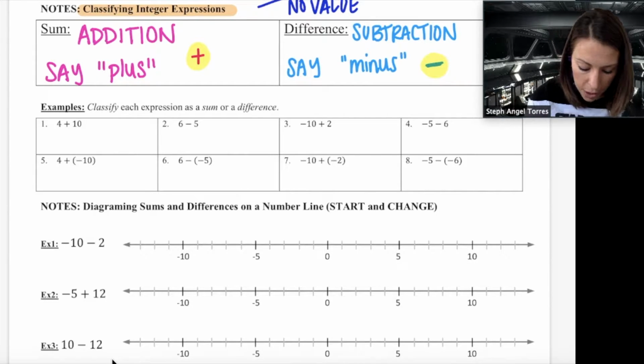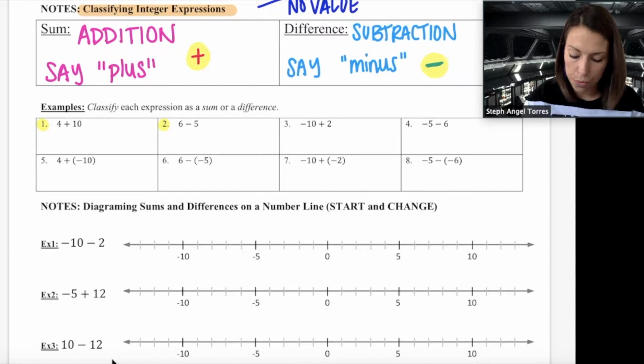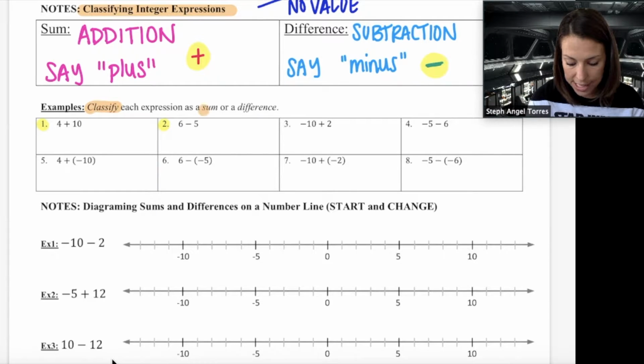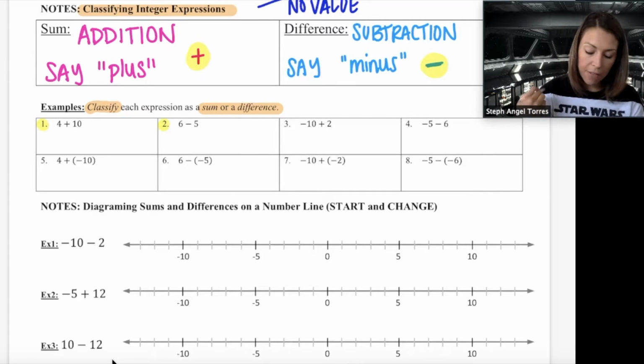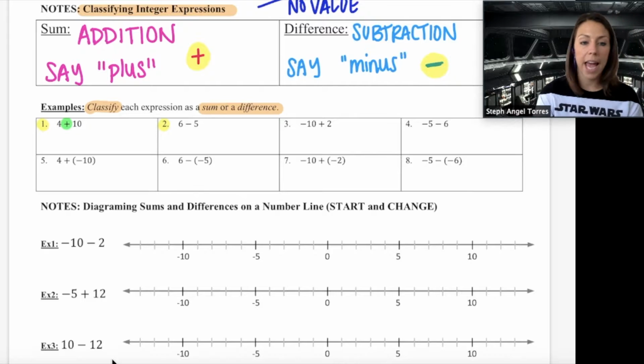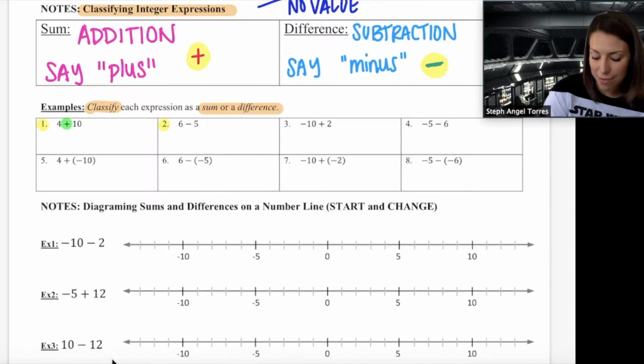So let's go ahead and look at numbers 1 and 2, and then you'll do the other ones on your own. So reading number 1, if I just read it out loud, because again, I'm trying to classify it as a sum or a difference, number 1 would read 4 plus 10. So again, because I'm saying the word plus, we would classify this expression as a sum.